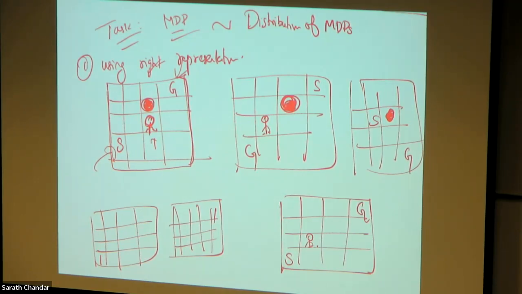One of the problems with this approach is that it might work for simple cases, but as the problem gets more complex, learning one policy for an entire distribution of MDPs is definitely a much harder problem than learning one policy for one MDP. But this is not the only way to handle a distribution of MDPs. Any other suggestions?